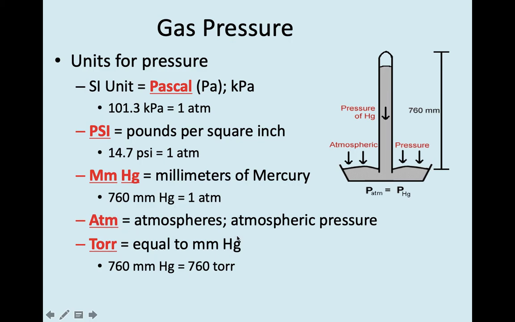ATM stands for atmosphere, typically atmospheric pressure. And 760 torr is equal to 760 millimeters of mercury, so you could just say a torr is equal to a millimeter of mercury. I'll probably end up giving you these conversions number-wise, but you should know how to convert between one and another and what is equal to what, which is just dimensional analysis.